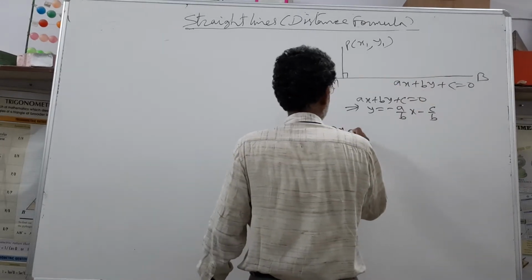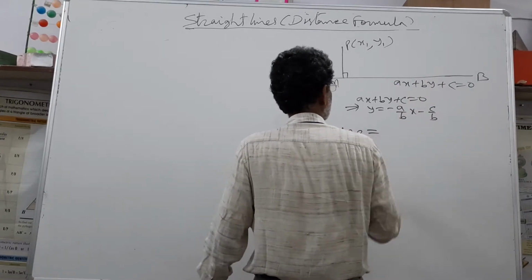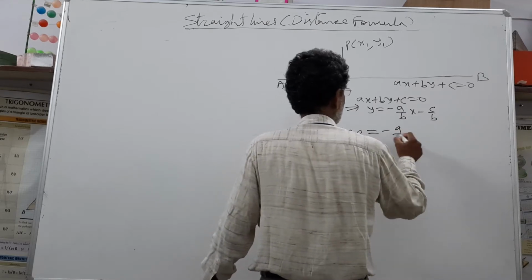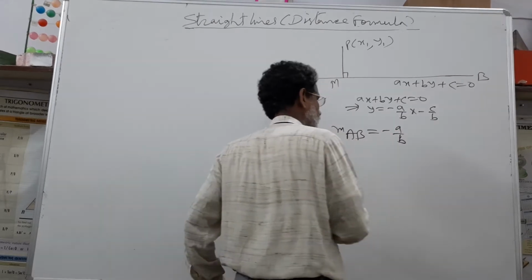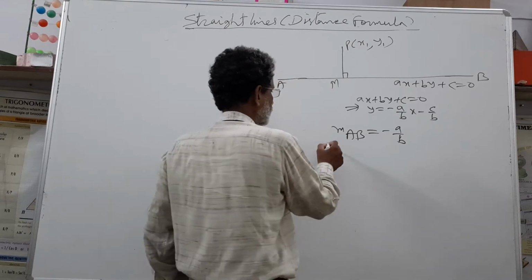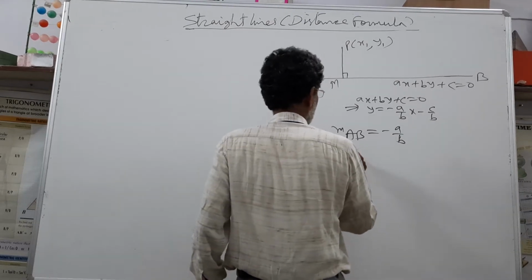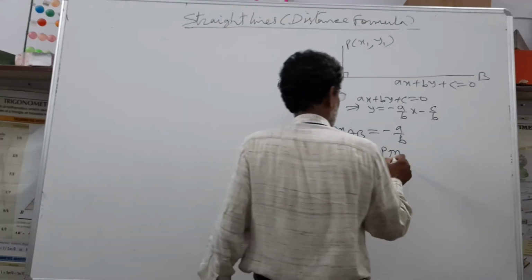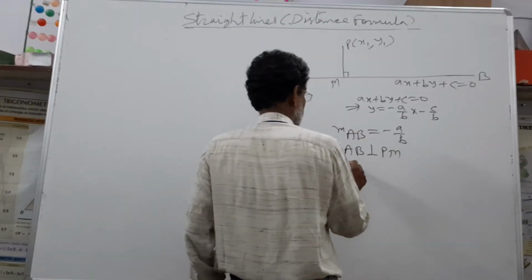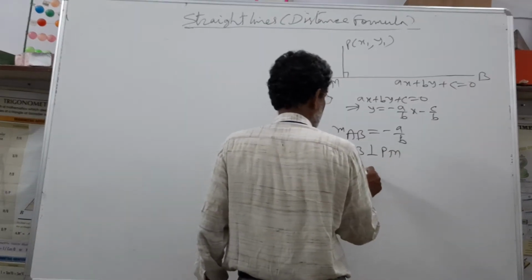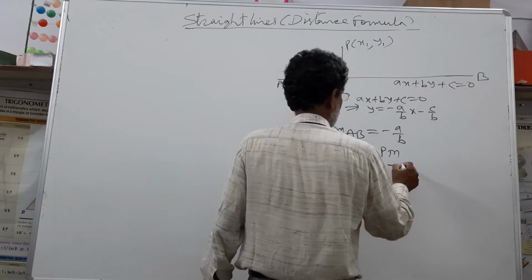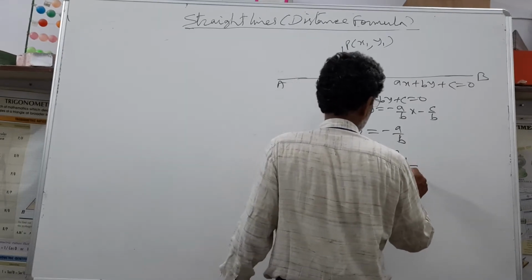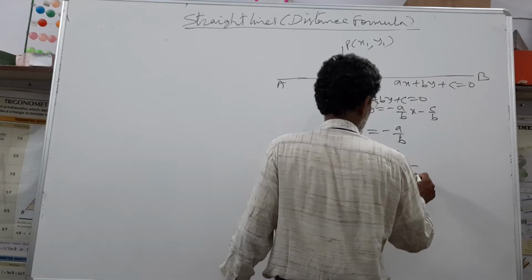Now m of AB is equal to minus A by B. Since AB is perpendicular to PM, therefore m of PM is equal to minus 1 upon m of AB.